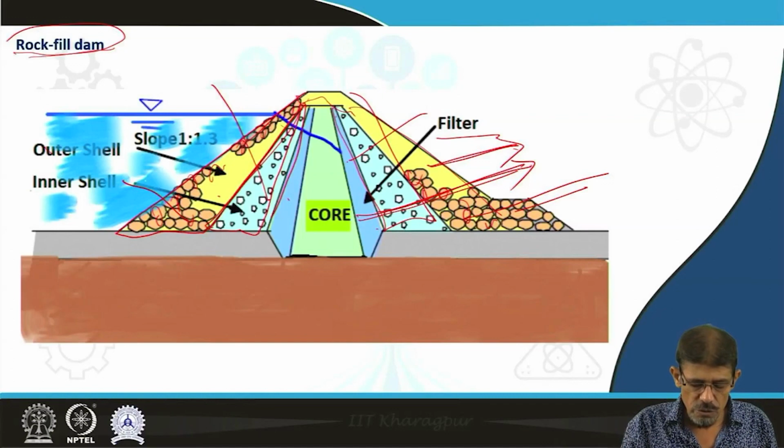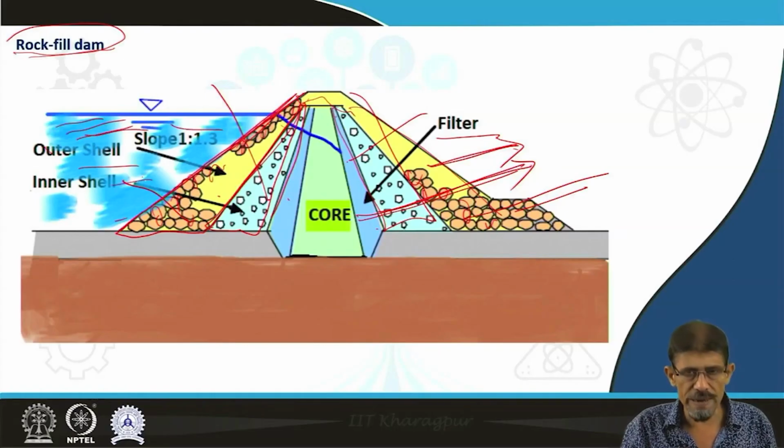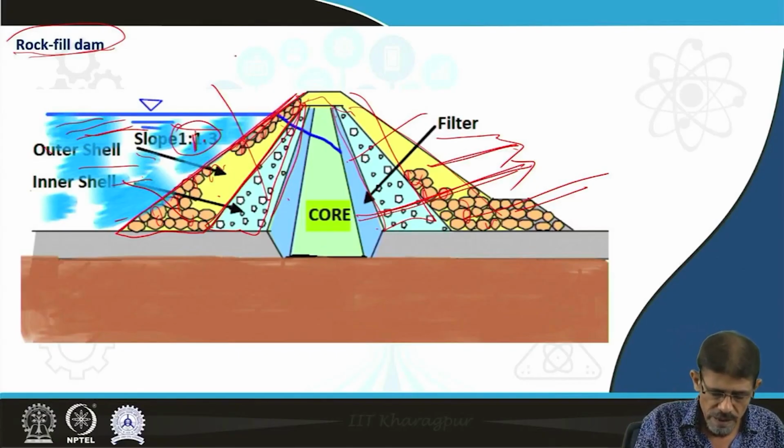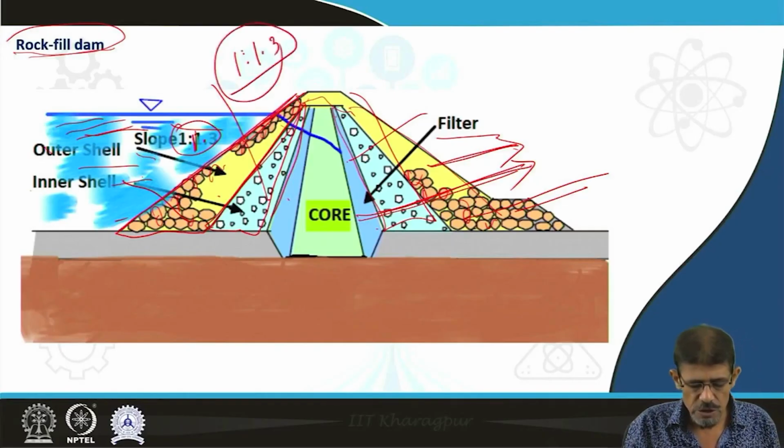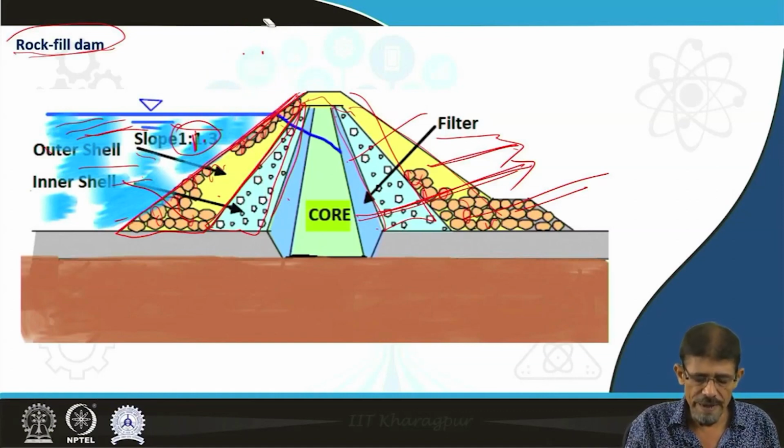Here we consider this slope, particularly on the upstream side, as per the availability of water in the reservoir on the upstream side. Generally, we prefer to make the slope 1:1.1 to 1:1.3. That is the slope we generally recommend in case of a rock fill dam.